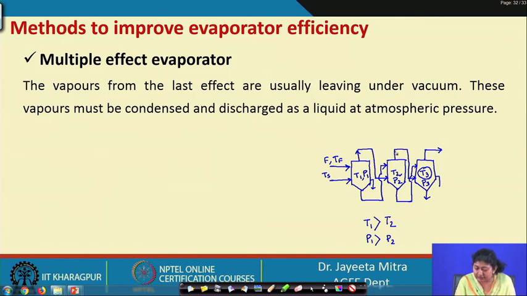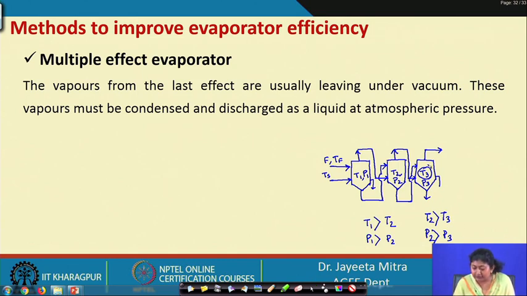Similarly, the vapor which is coming out from the second effect is going to condense in the third one. So, T2 will be greater than T3 and the pressure P2 will be greater than P3.